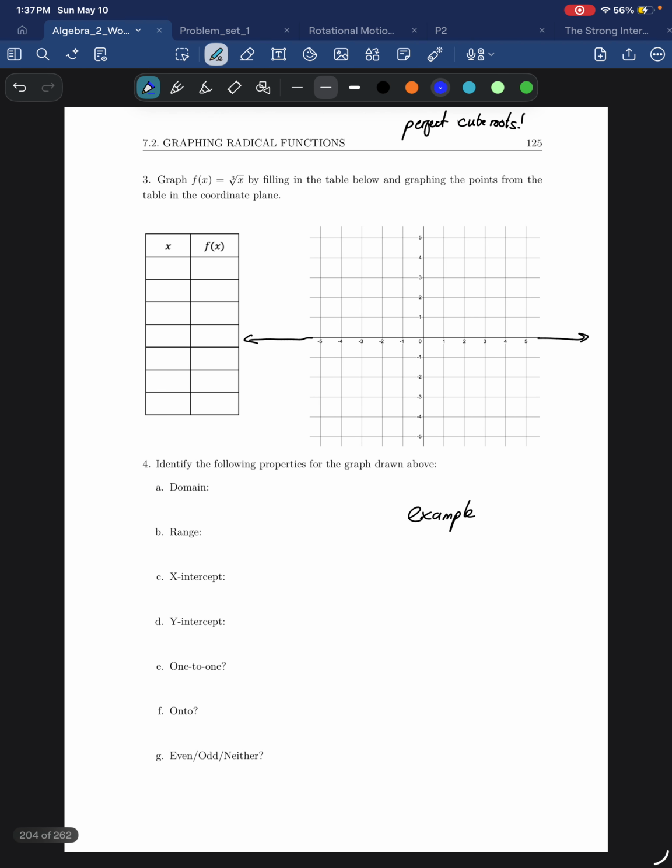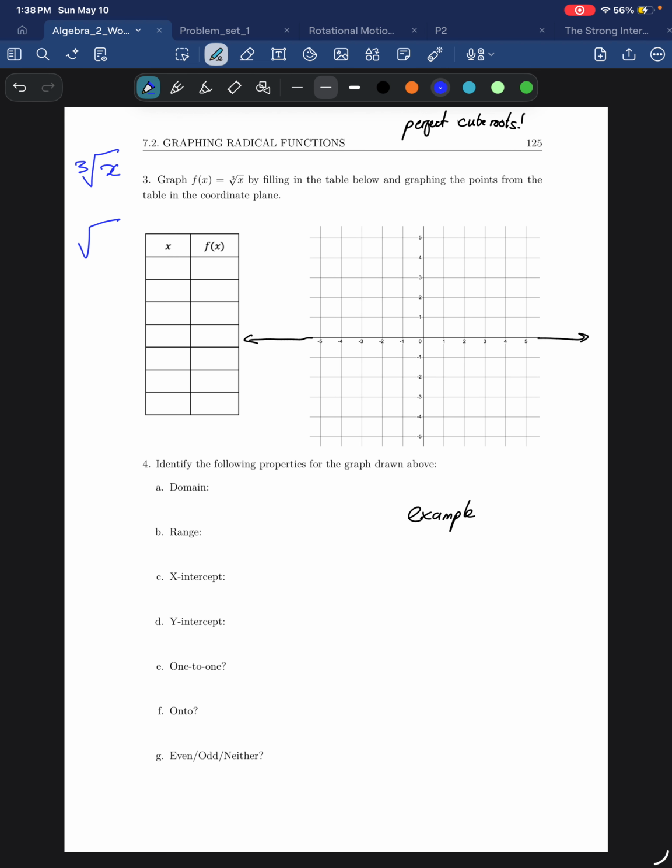All right, so what about a function like this, the cube root of 3x? We want to graph this function. We said the square root of x is asking the question: what number can I multiply by itself to get a particular number?